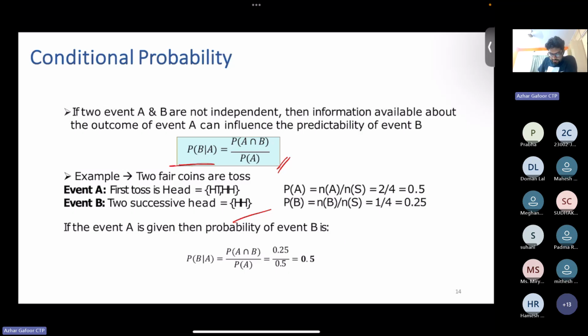The equation is P of A intersection B divided by P of A. Now let's explain it with an example.